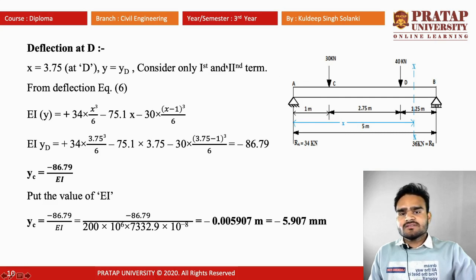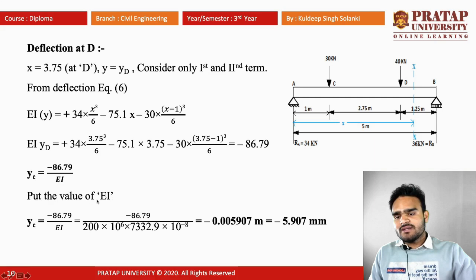So consider the first and second terms from deflection equation number 6, and put y equal to yd, plus 34 times the value of x equal to 3.75. After putting the values and solving this numerical expression, we get minus 86.79. Transfer this EI to the downward side and put the value of EI.